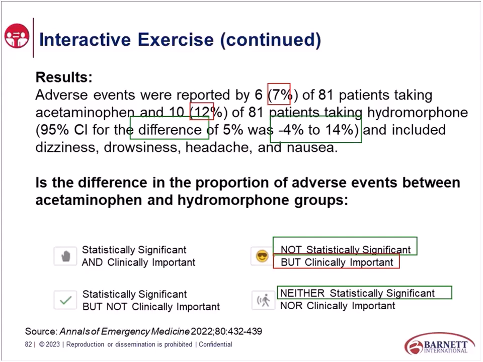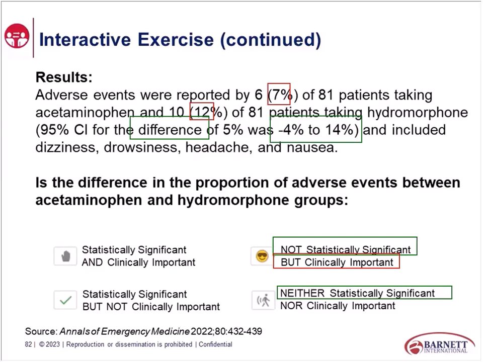Statisticians will say there's no significant difference, but from a clinical perspective, there's a 5% difference. Hydromorphone has a 5% increase in adverse events over acetaminophen. Who wants the adverse event? So even though it's not significant, it may not matter if you have more side effects. Again, another clear example of how statistical significance or non-significance is different from clinical importance.